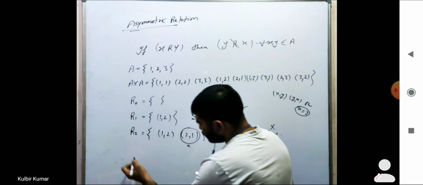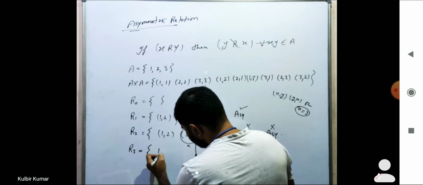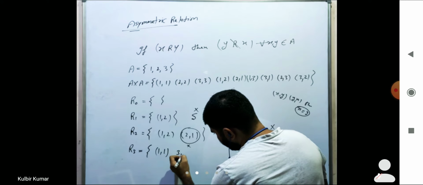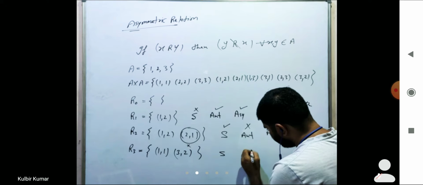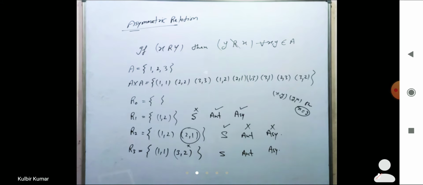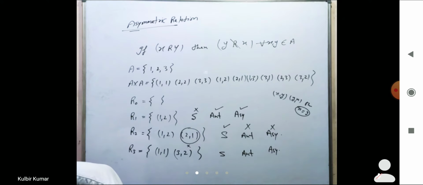Okay, what about the next one? R3 is (1,1), (3,2). Now is it symmetric, antisymmetric, asymmetric? What about R3?